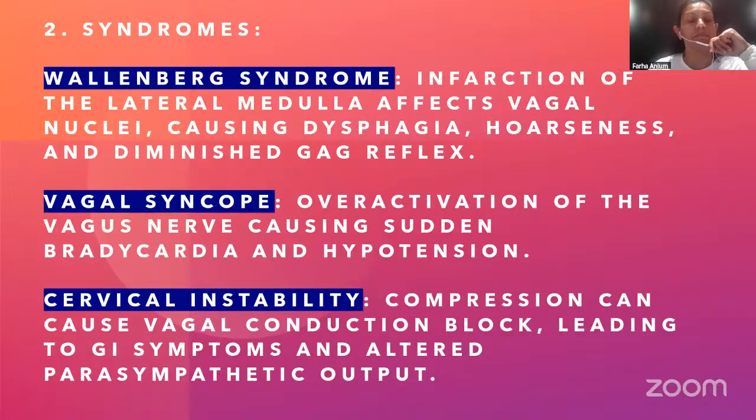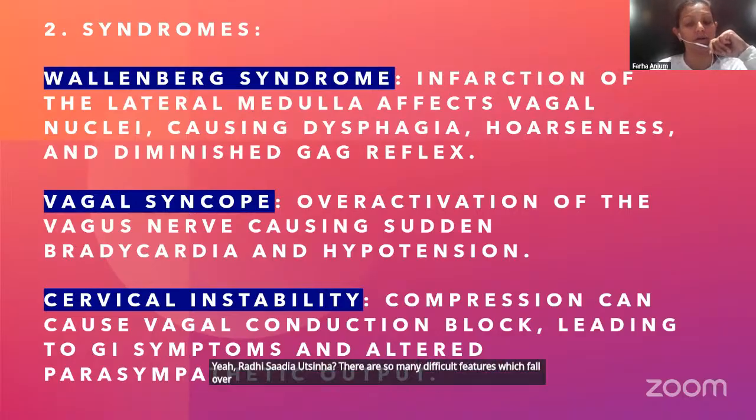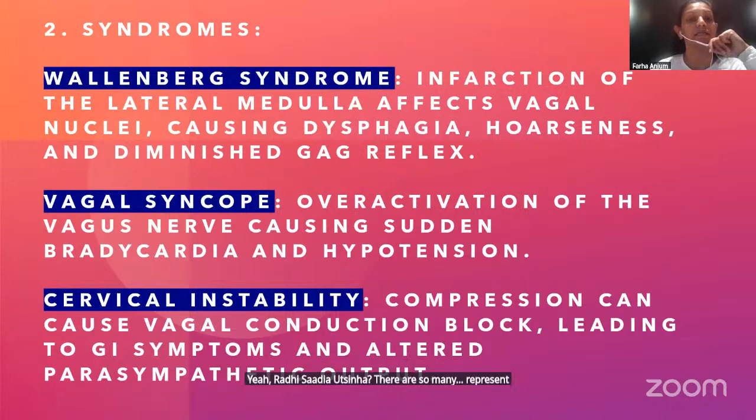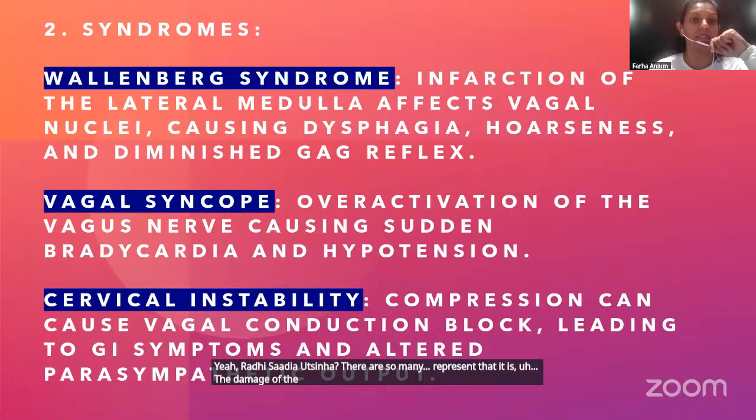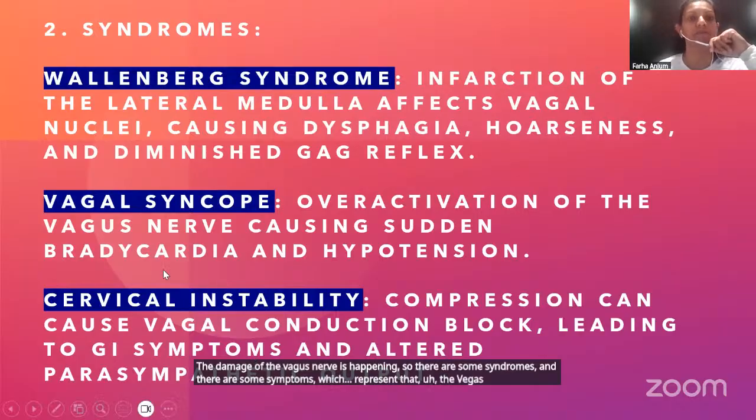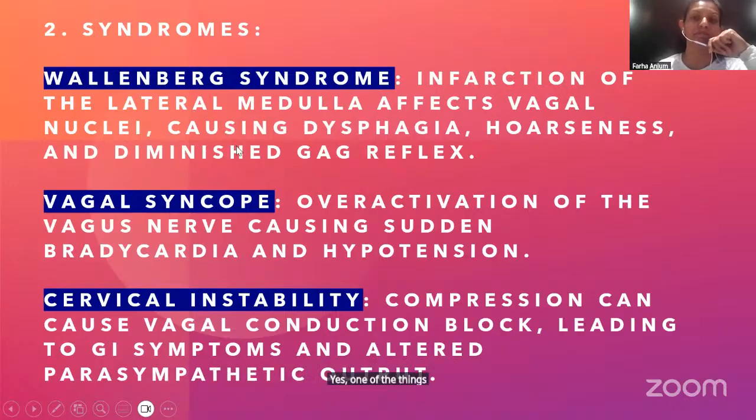There are some clinical features which also represent that damage of the vagus nerve is happening. There are some symptoms which represent that the vagus nerve is involved. One of them is Wallenberg syndrome.